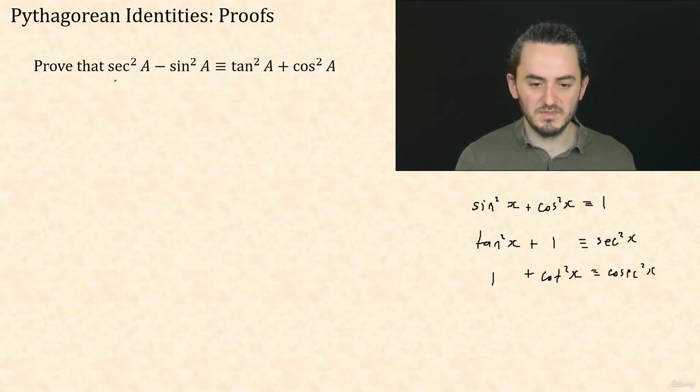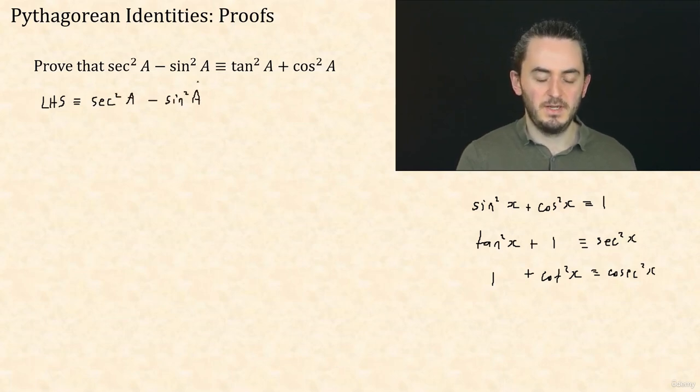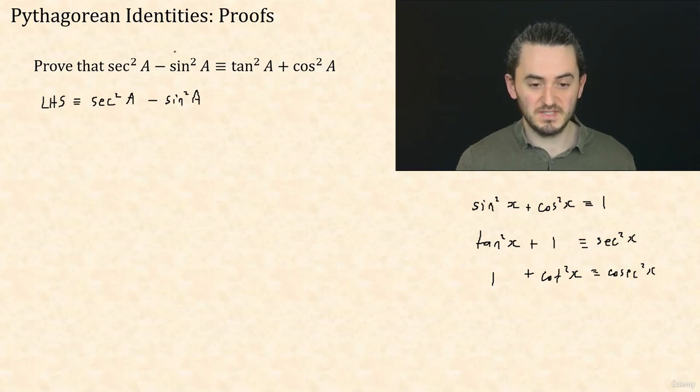So when I'm attempting to prove something like this, I'll set it up in the way that I always have done before, which is: here's the left hand side, which is sec squared a minus sine squared a. Now what I'm looking for in the simplest case is just, can I convert any of these terms on the left directly to any of the terms on the right?